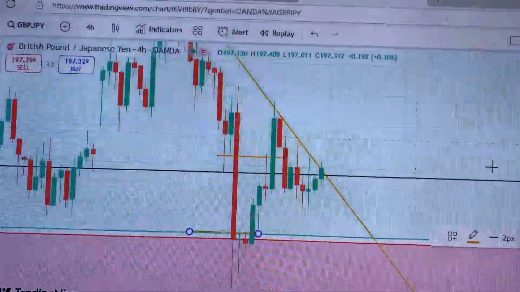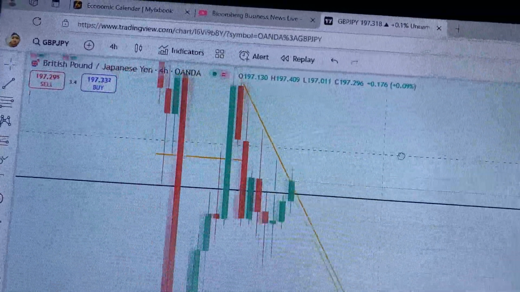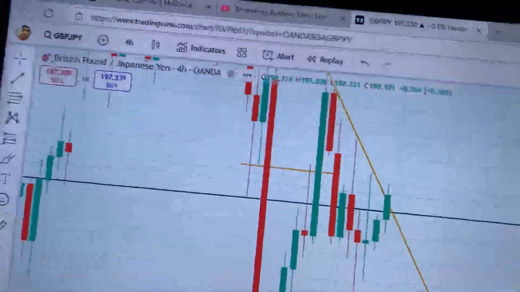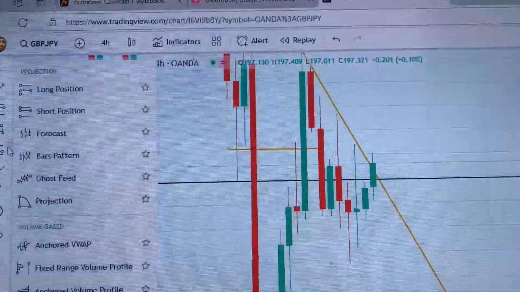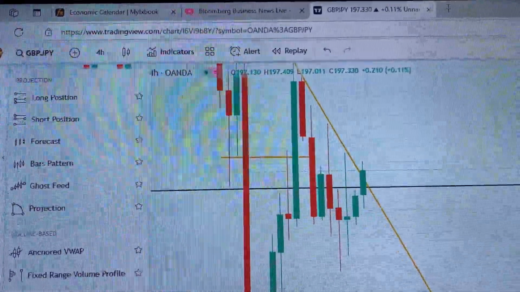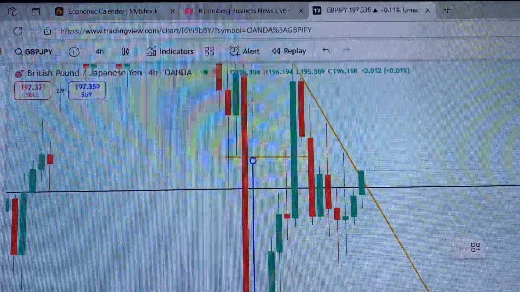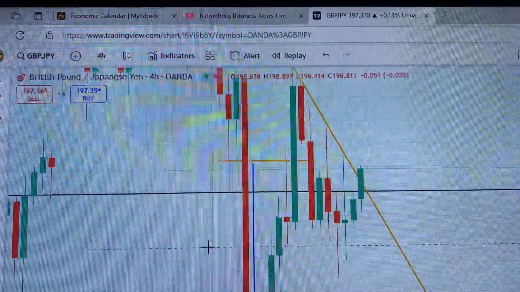So can you see where I put my blue arrow?